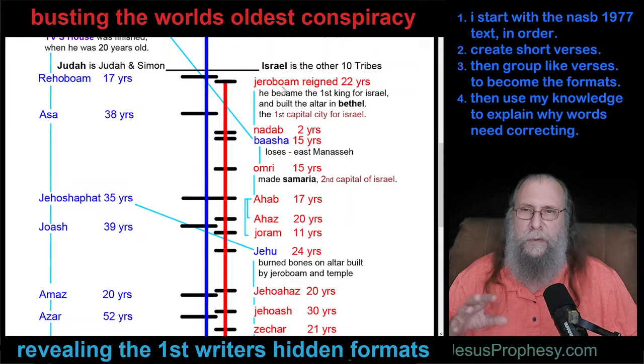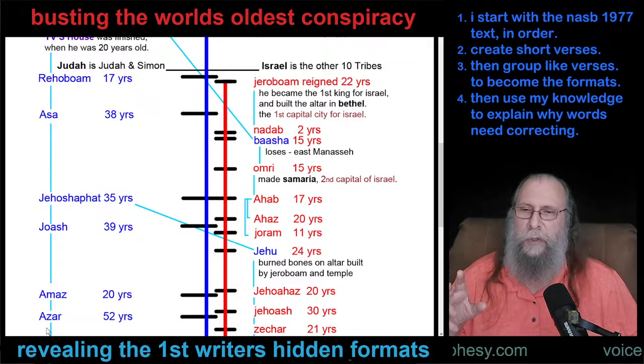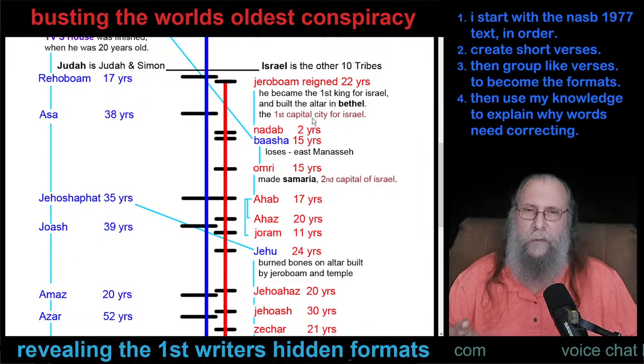And these are the 10 tribes, and these are Judah and Simon. Now, this goes good king. Any name with a capital first were good kings. So the people were pretty much obedient under him, or these guys. Over here, the first guy right out the gates, he builds an altar in Bethel.